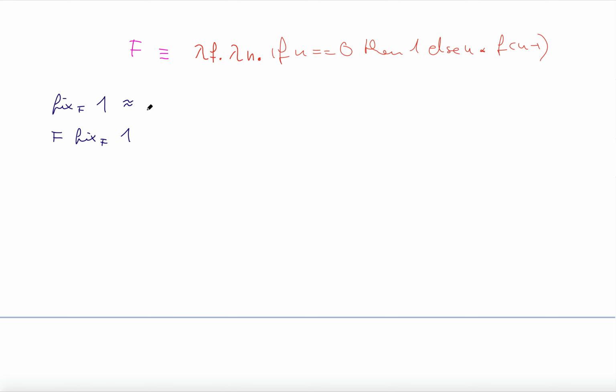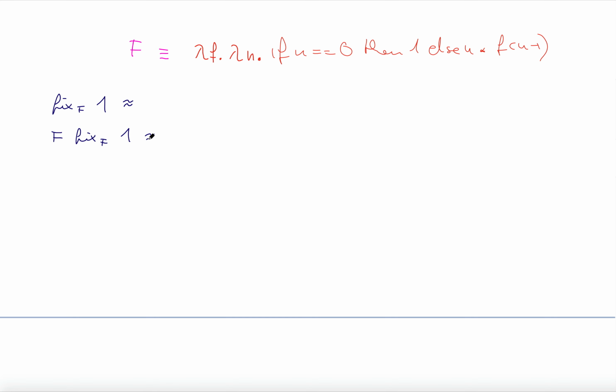Okay, so now at this point, we see that f is a function and it takes an argument. So we can do beta reduction and apply the variable f to its argument. What does that mean? It means that everywhere where we have the f, which is only here, we replace f by fix f.